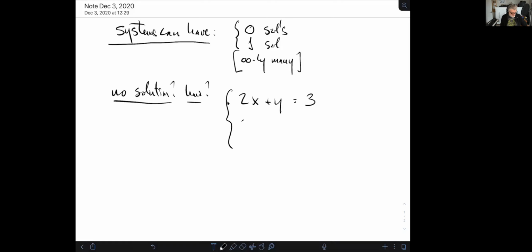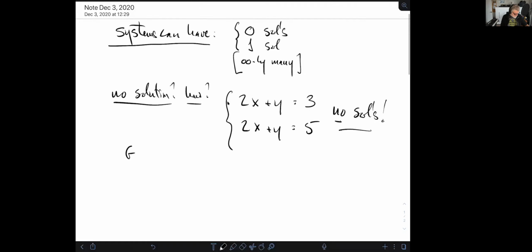Here's an easy way to do it: 2x plus y equals 5. Hopefully you see that there are no solutions to this system, because if you plug in values for x and y such that 2x plus y is equal to 3, it'll never be equal to 5, since 3 is not equal to 5. So this one has no solutions. That is clear. Okay, so what happens if you apply Gaussian elimination to this?